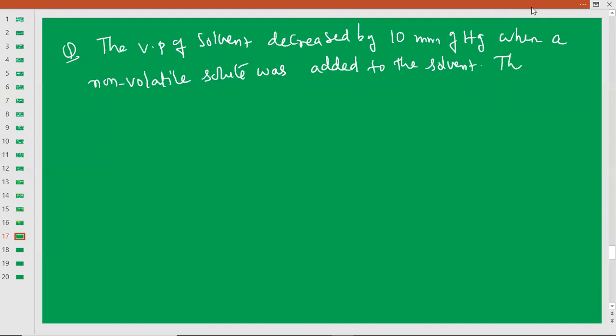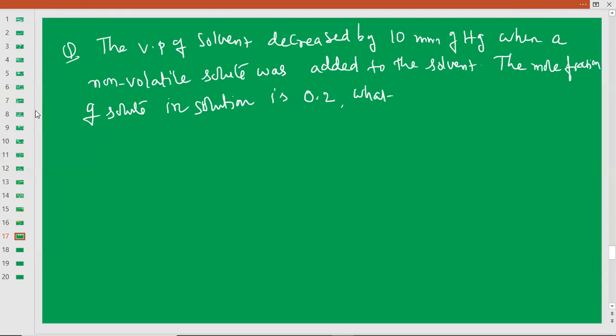Okay, they are giving the mole fraction of solute in solution is 0.2.